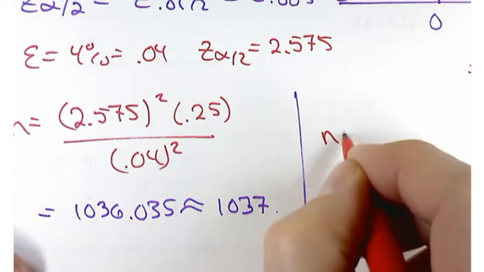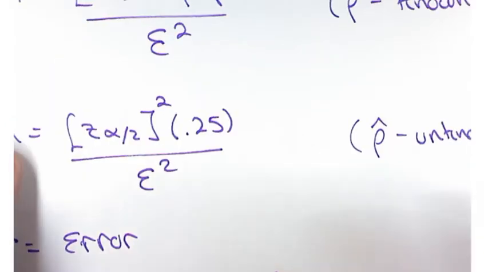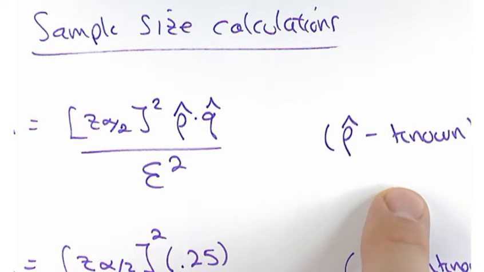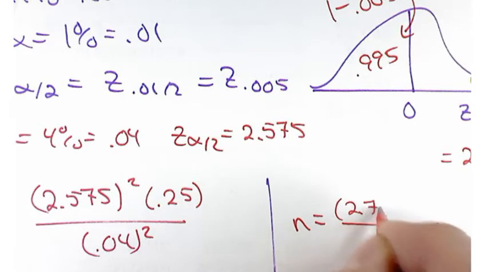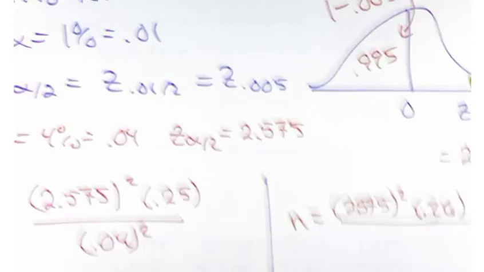In this case, we're going to use a different formula. We're going to use this one because we have a p hat that we kind of know from a previous survey. The z will still be the same, 2.575 squared. But they tell us that p hat is 0.26.